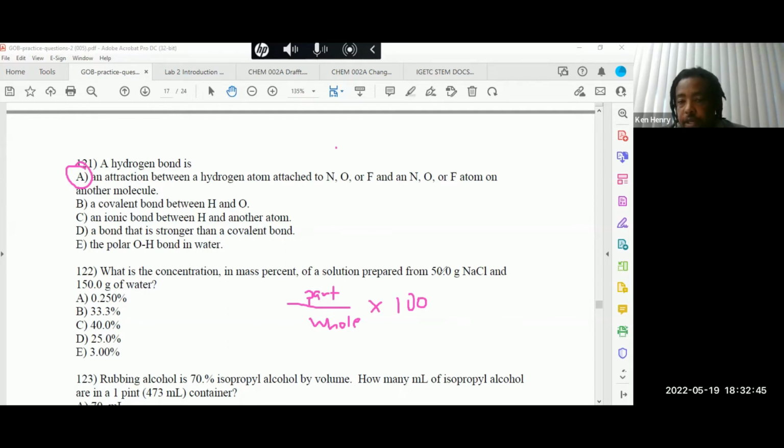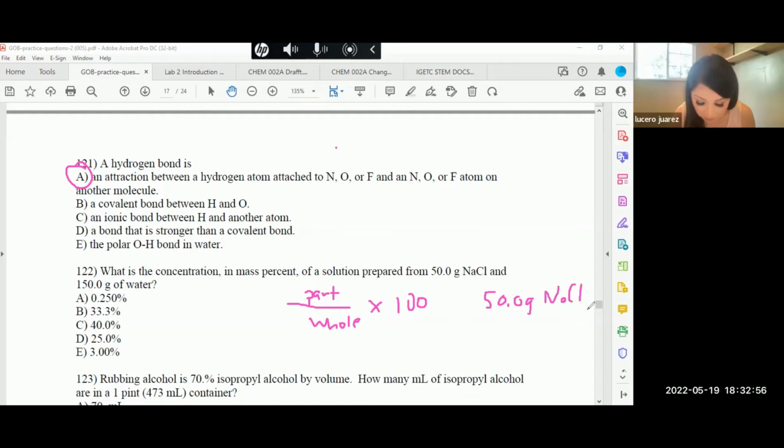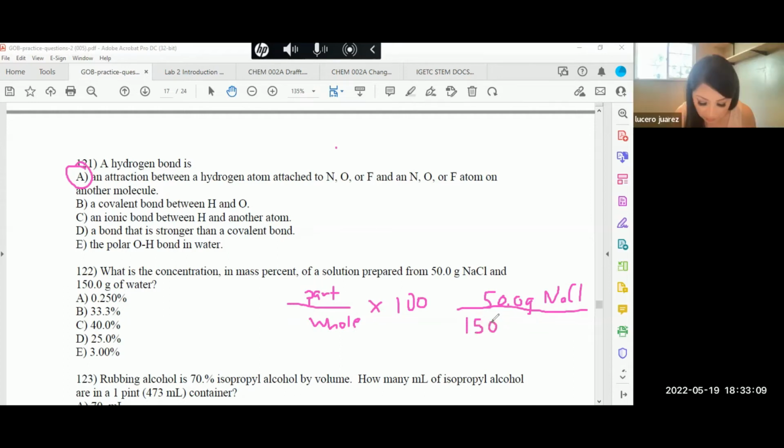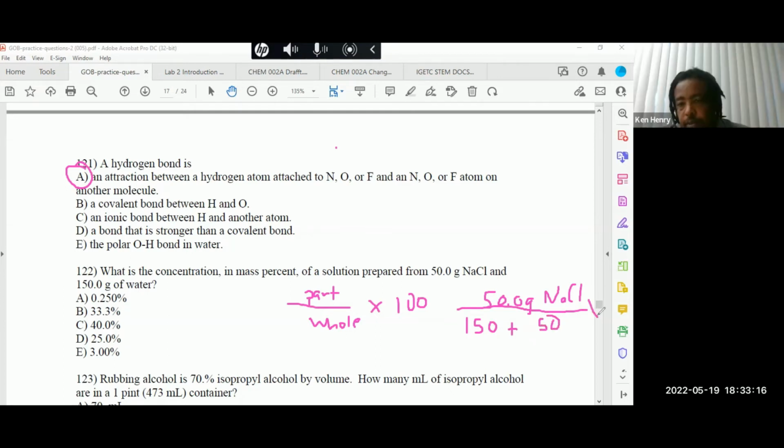So our part is our sodium chloride, 50 grams of NaCl, over our whole, everything that's in that solution: 50 grams and 150 grams of water. And then multiply that times 100.